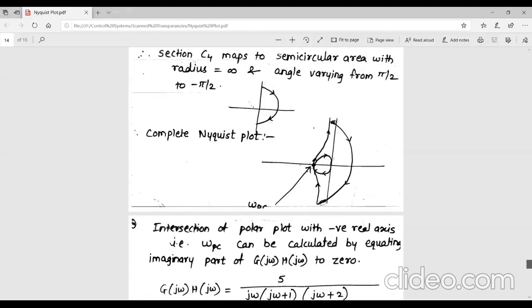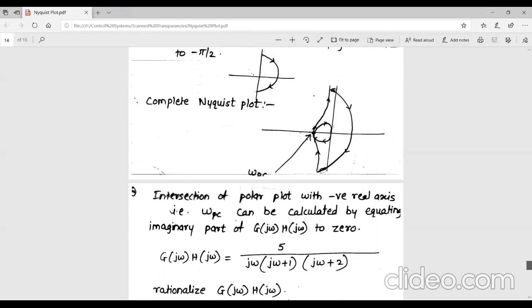Okay. Now the complete Nyquist plot for section C1, C2, C3 and C4, if you combine all sections, we get this Nyquist plot. Now please try to understand the next step, what we are going to follow. After sketching the Nyquist plot, our task is to calculate n. Okay, n is nothing but number of encirclements around the critical point.